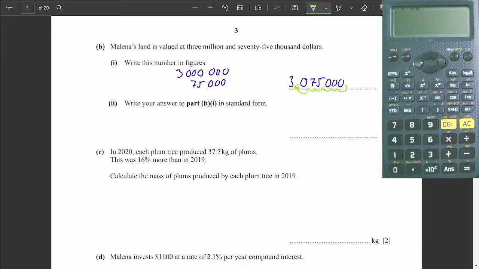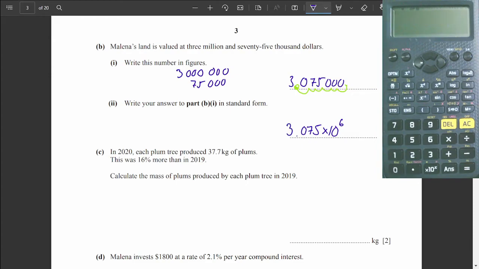So we moved it 1, 2, 3, 4, 5, 6 spaces. So this is what it looks like. It will become 3.075 times 10 to the power of 6. The 6 is up there.